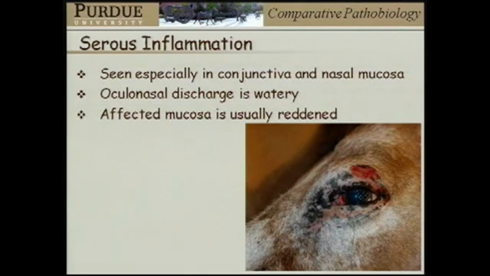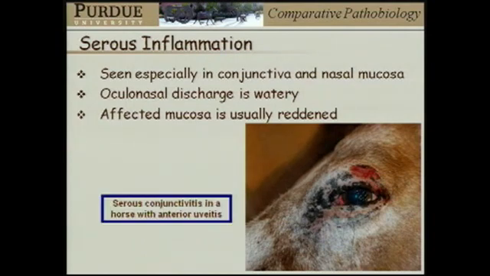Serous inflammation implies that the exudate, which is really more of a transudate, is mainly water. And we see this mainly in the conjunctiva and in nasal mucosa. And so it is a watery discharge, and the affected mucosa is usually pink or red, redder than it should be.